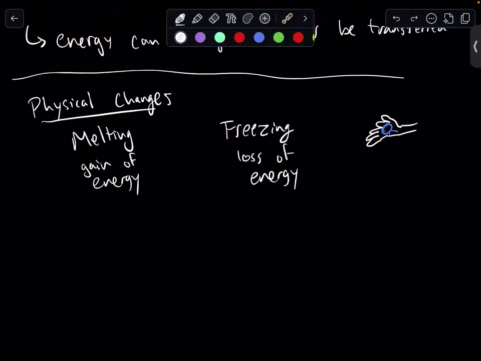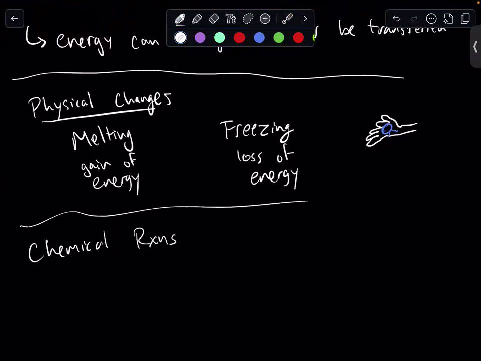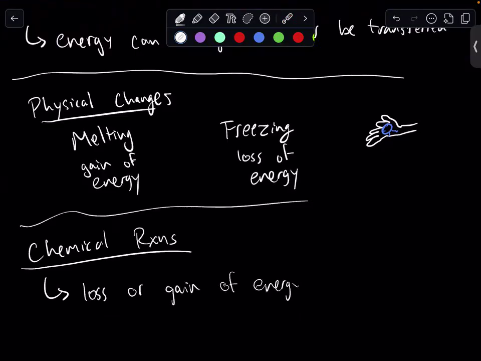But this gets really interesting when we start looking at chemical reactions. And that's what this unit's going to be about. So with chemical reactions, the thing is, all reactions involve loss or gain of energy. Every single one. So we're going to have this energy change and energy transfer.